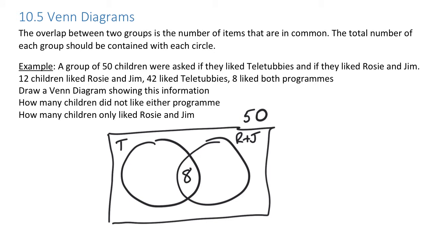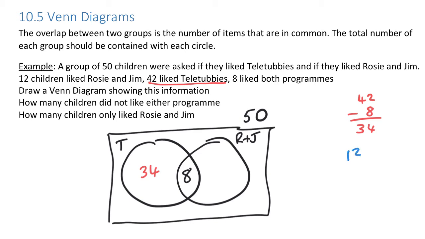We know that 42 people in total liked the Teletubbies, so everyone in the Teletubby circle will be 42. Now we've already got 8 of them, so if we do 42 take away 8, we get 34, so that means that 34 people liked only the Teletubbies. We're told that 12 like Rosie and Jim.